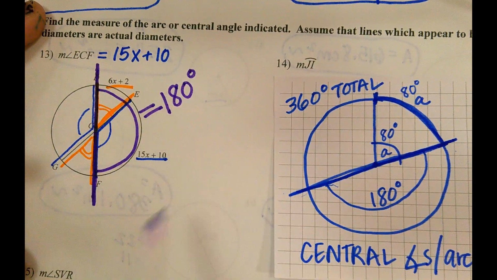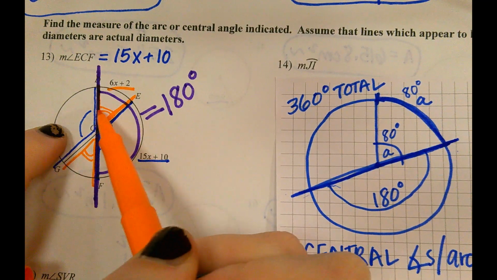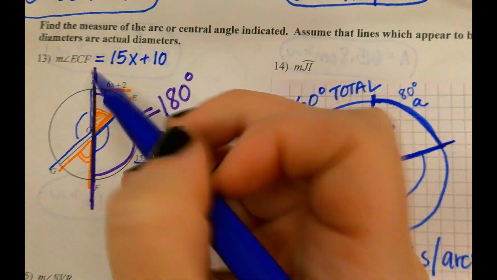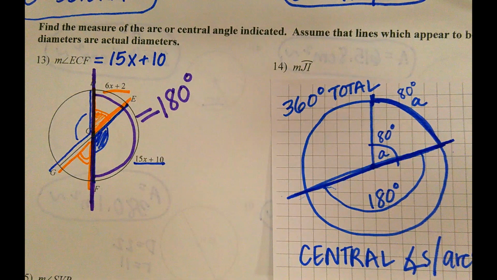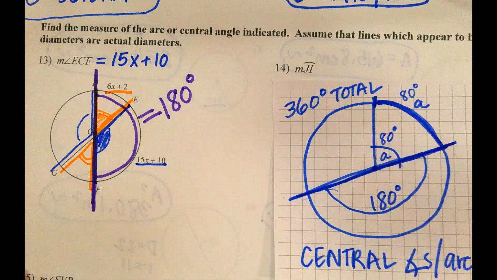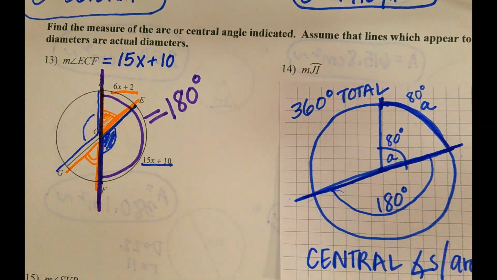Now that I see this, is there an equation I could write? 15x plus 10 plus 6x plus 2 equals 180. Yes. I know that this angle, I'll call it orange angle, plus this angle, the one we need, we'll call it blue angle. I see that they form a straight line. They make up that diameter. So if I add them together, I can set them equal to 180 degrees.